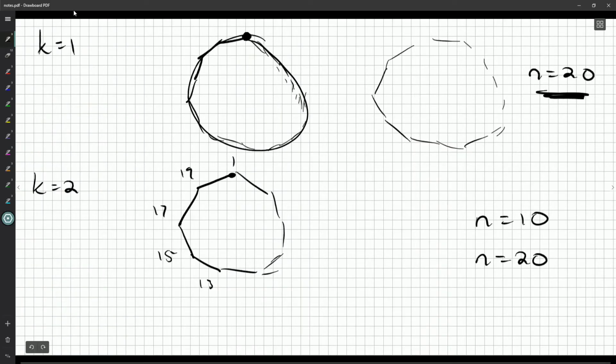So I'm going to try and find a faster way to do this. With k equal to 1, the smallest I got was 20. With 2, the smallest I got was 10. I'm predicting that for 3, the smallest I'm going to get is 20. We can even try it out.